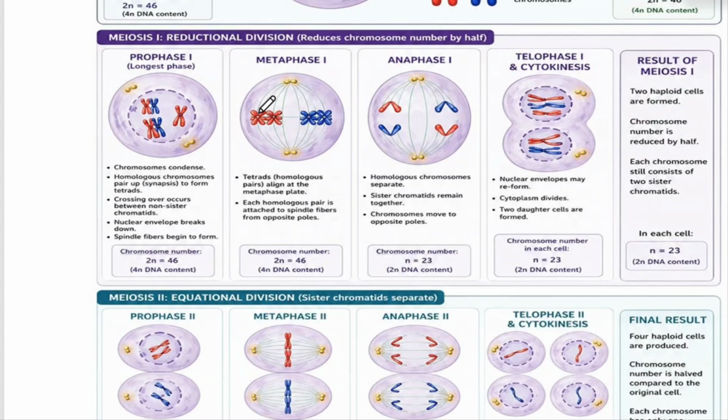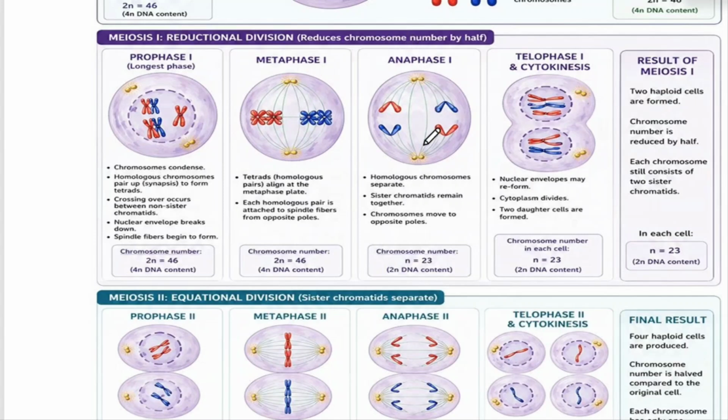Here is a spindle fiber coming from one pole, and the other opposite pole, and still the chromosome number remains 46 chromosomes.